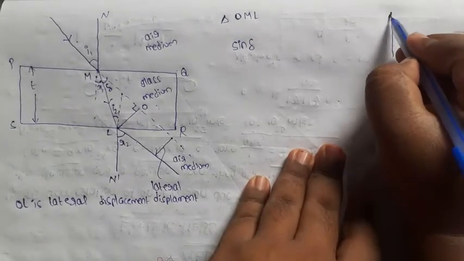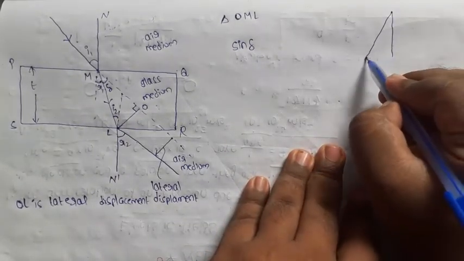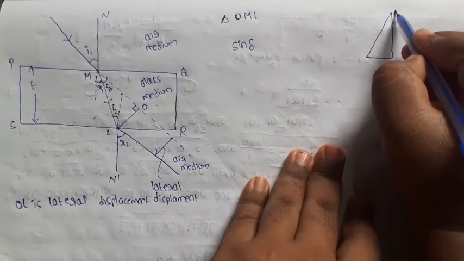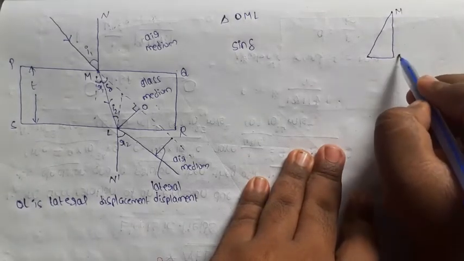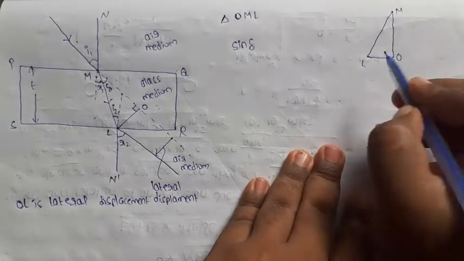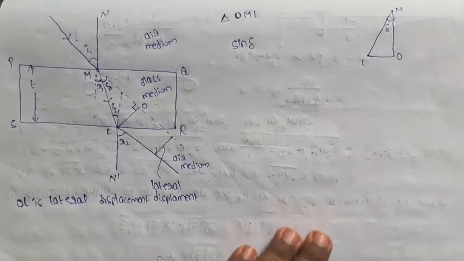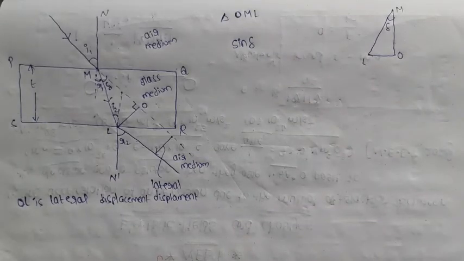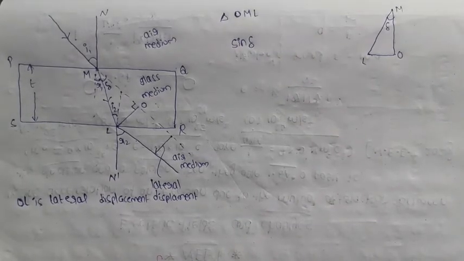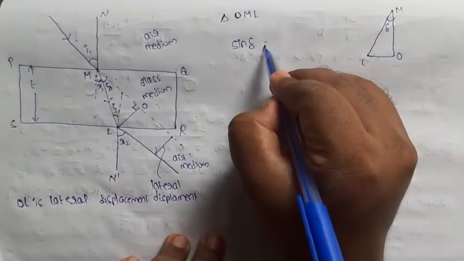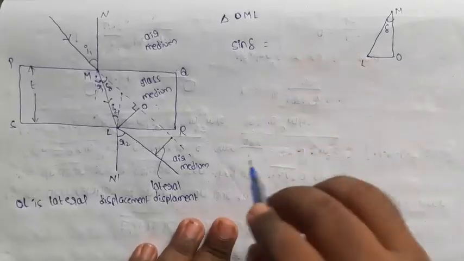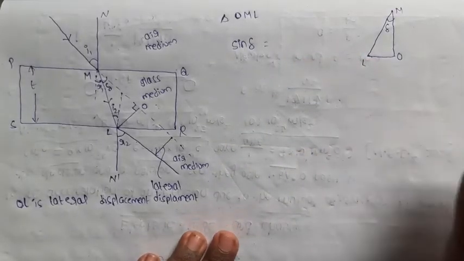This is the triangle MOL. Here the angle is delta. So for this triangle I am going to apply sin delta. What is the opposite side in the diagram?